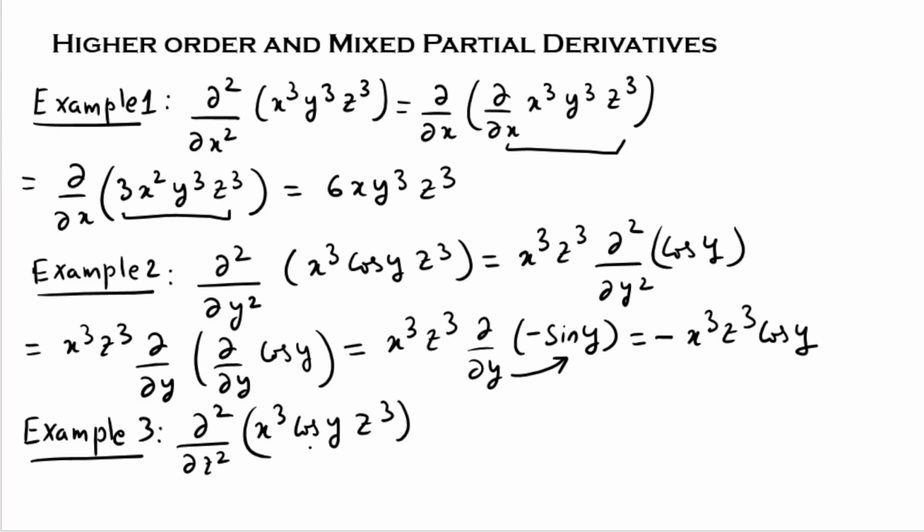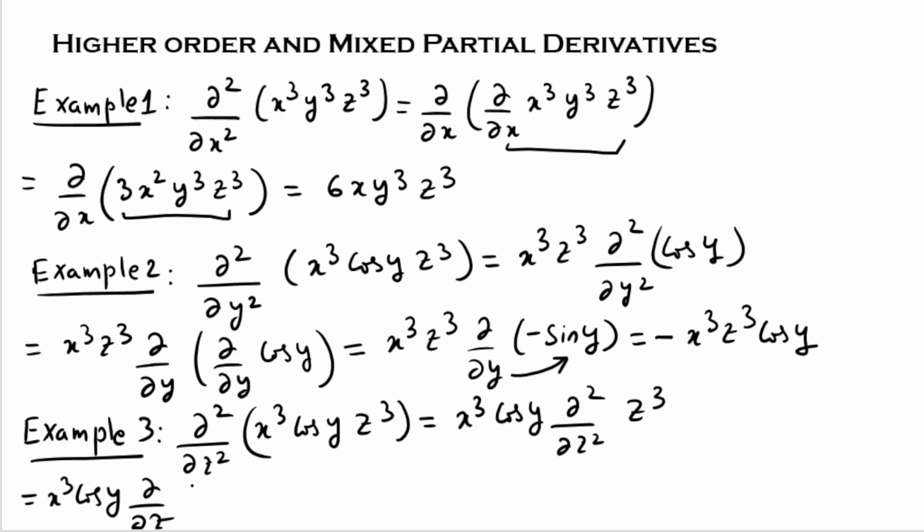Since x and y are to be treated as constant, I can write this as x³ cos y ∂²/∂z² z³, or x³ cos y ∂/∂z of ∂/∂z of z³. ∂/∂z of z³ gives me 3z². 3x³ cos y ∂/∂z of z².